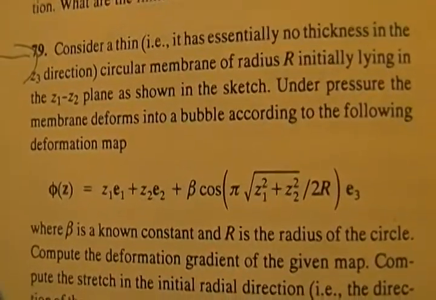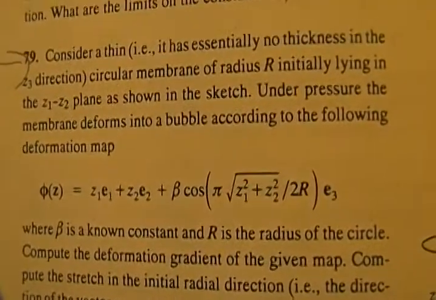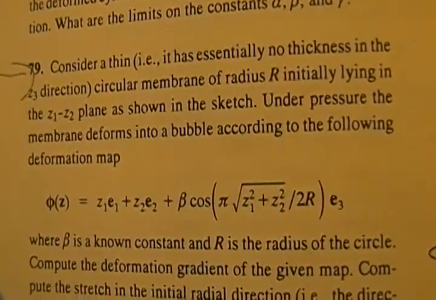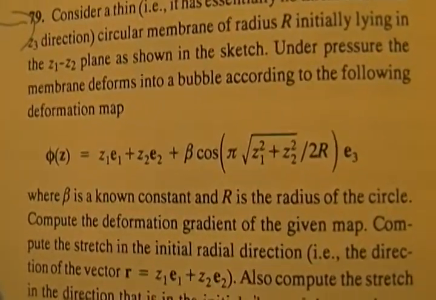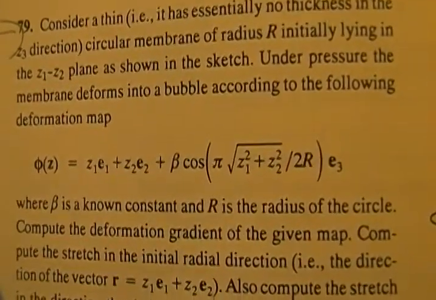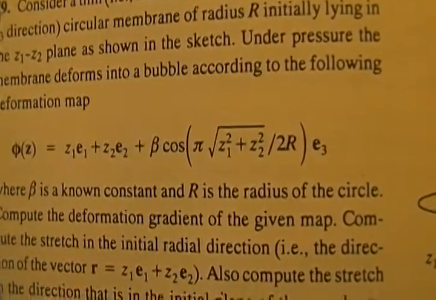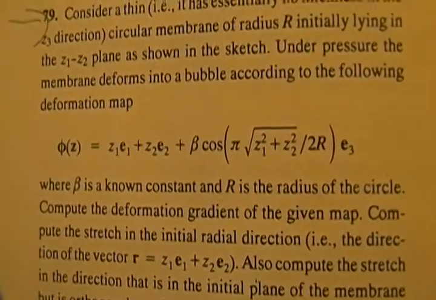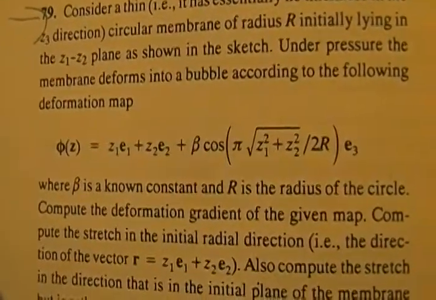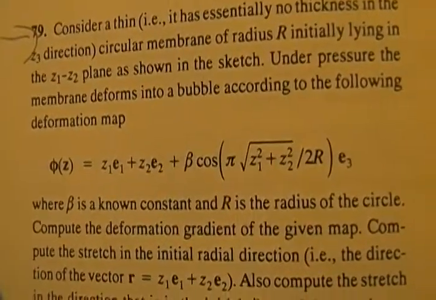Under pressure, the membrane deforms into a bubble according to the following deformation map. In this deformation map, beta is a constant, as well as big R is a constant, which represents the radius of the circle.